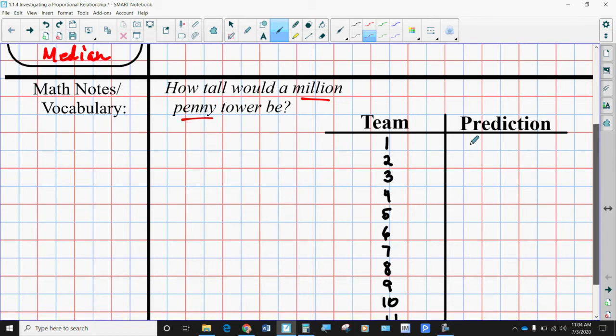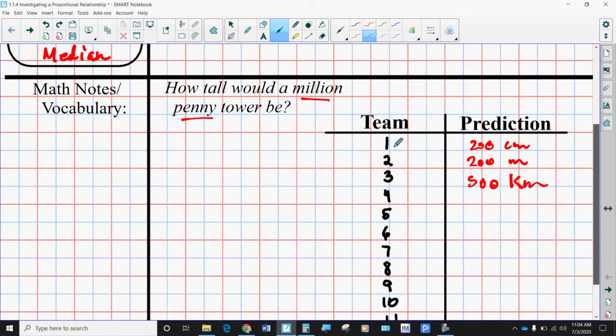And then we would have teams, groups of like 3 or 4 predicting. And in the past, people would say, oh, that's going to be like 200 centimeters. And other people are like, no way, it's going to be 200 meters. And other people are like, no way, that's going to be like 500 kilometers, which would take you into outer space. So a lot of times the predictions are all over the place.